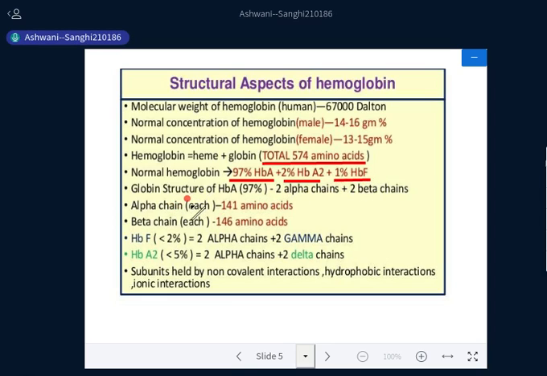HbA mainly consists of 2 alpha chains and 2 beta chains. HbA2 consists of 2 alpha and 2 delta chains. HbF consists of 2 alpha and 2 gamma chains.